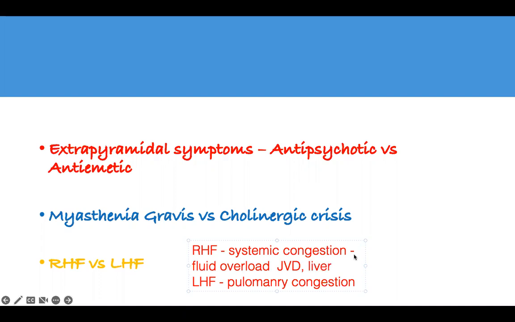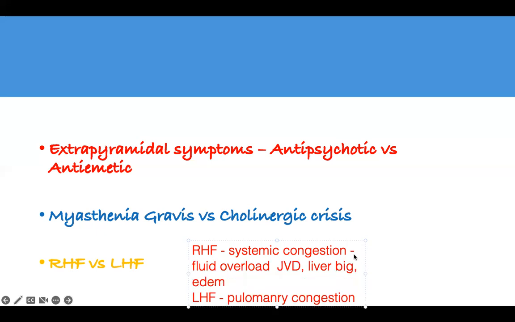They have a big liver. You expect edema, all the symptoms associated with fluid overload outside the lung. If the answer choice involves the lung, it's not right heart failure, it's left heart failure.